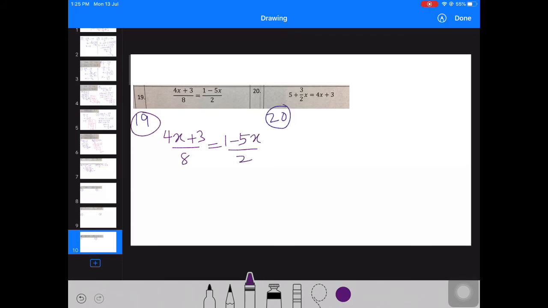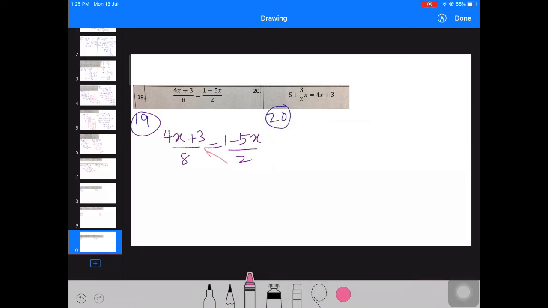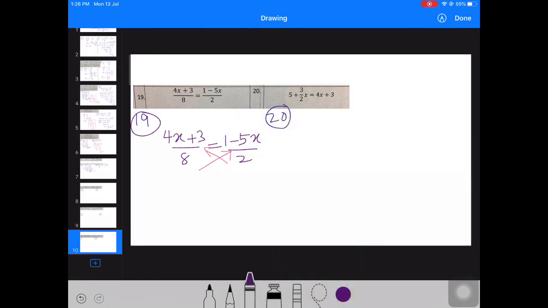Then we cross multiply them. 2 bring up there, 8 is over there. So 2 times bracket 4x plus 3 equals to 8, open bracket 1 minus 5x.